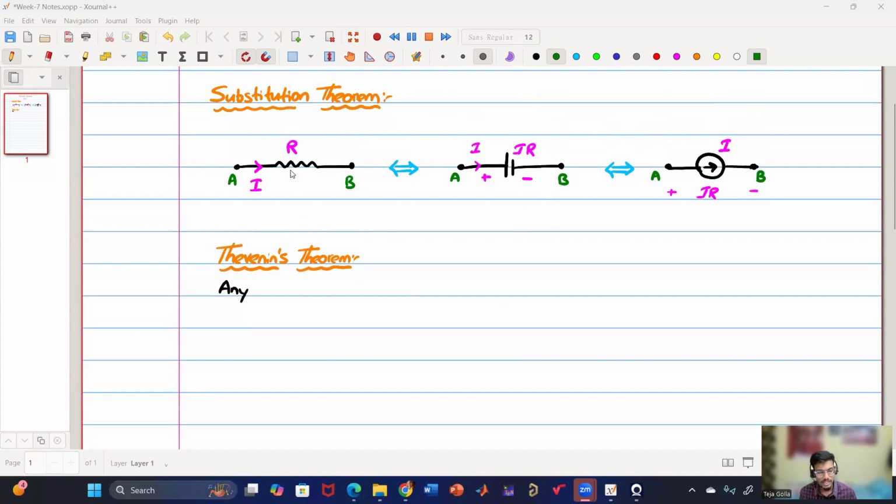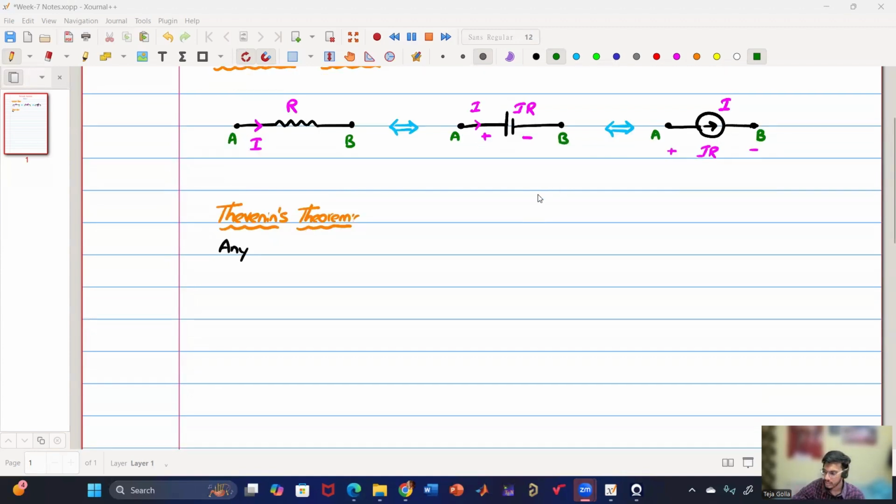So a resistance can be replaced by an ideal voltage source and also an ideal current source, so that none of the KCL or KVL will be violated, but you cannot add any series resistance, then this will be violated. So ideal voltage source and ideal current source only.